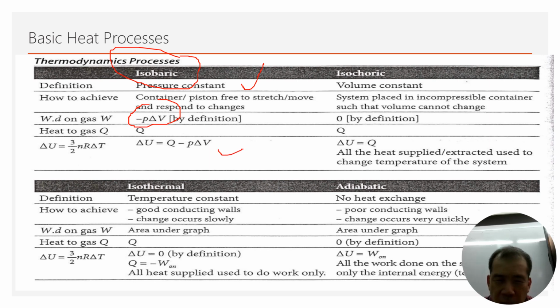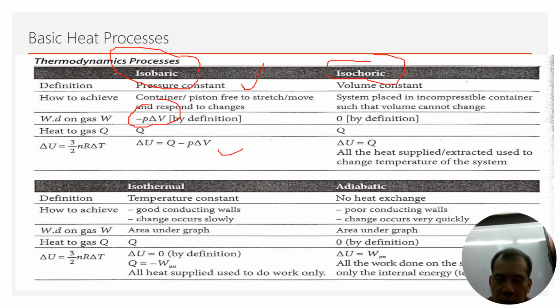The second process is isochoric. This means same volume. Where volume is constant, your system is placed into maybe an incompressible container, so the volume cannot change.